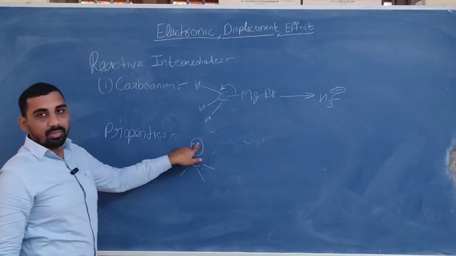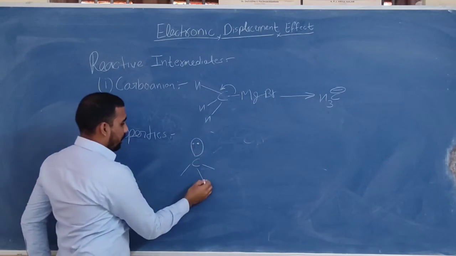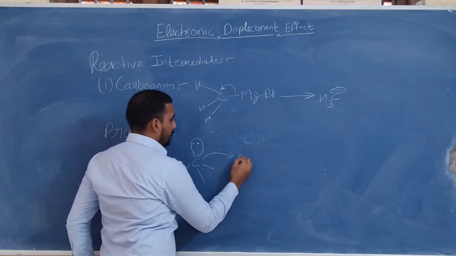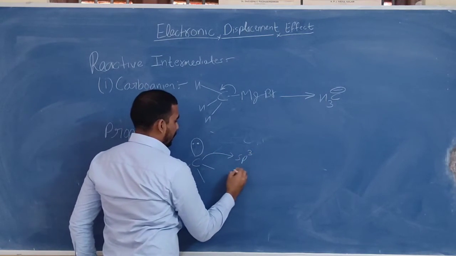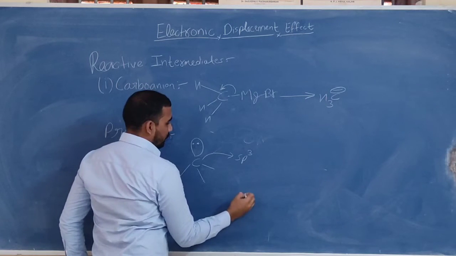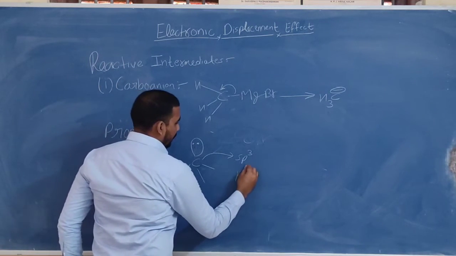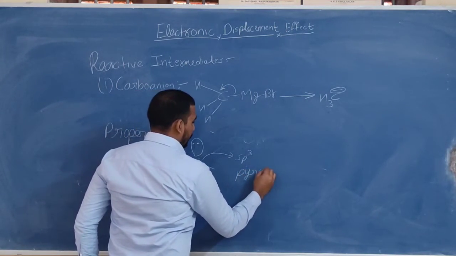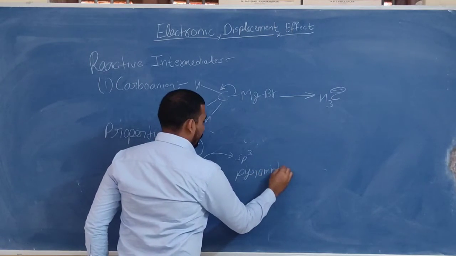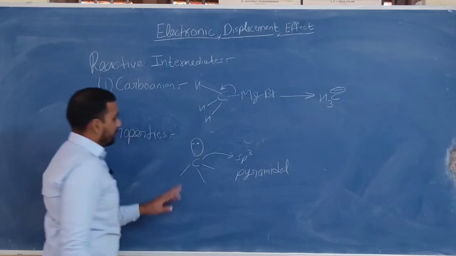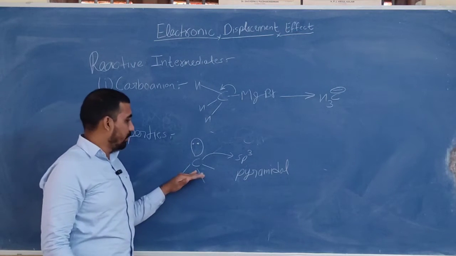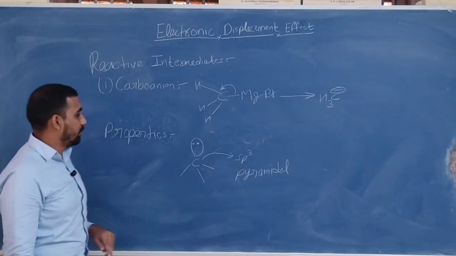These two electrons have negative charge present here, and the hybridization of carbon here is sp3, and the shape is pyramidal. Carbocation was planar, but the carbanion is pyramidal in shape.